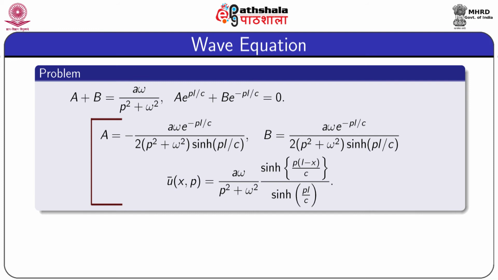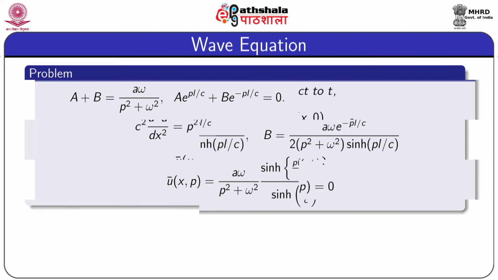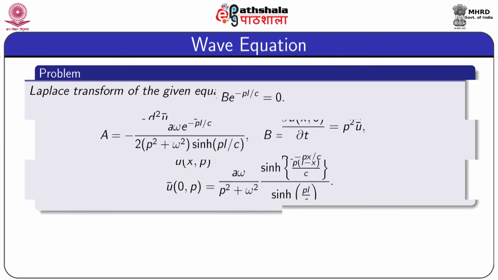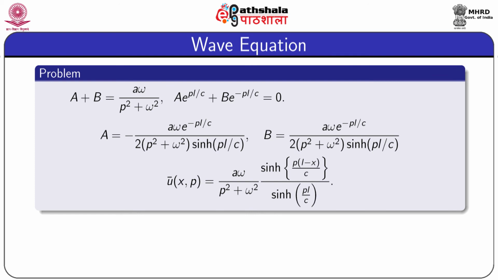Now, if we substitute the values of a and b in the general solution, that means in the expression for u bar, we can get the expression for u bar.